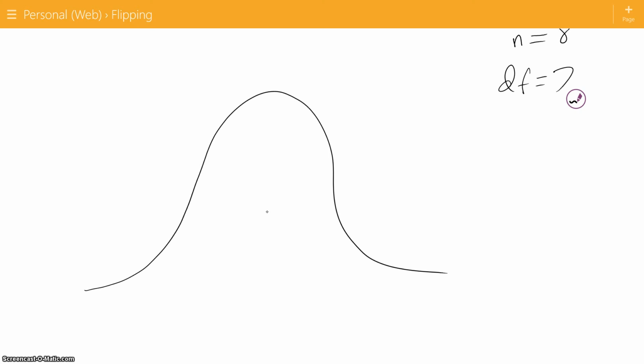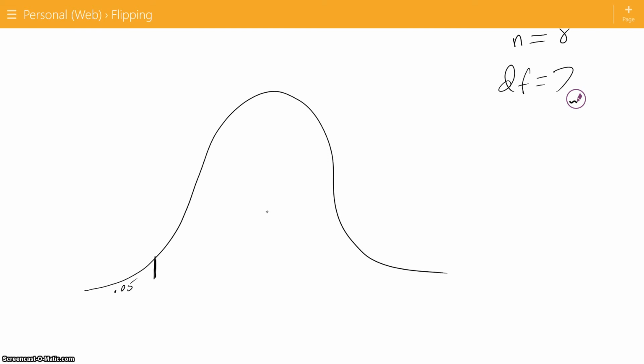I'm going to look at my t-score chart. And what I want to do is I want to get a probability of 0.05 over here that it is indeed less than the population mean, my sample mean, that is.